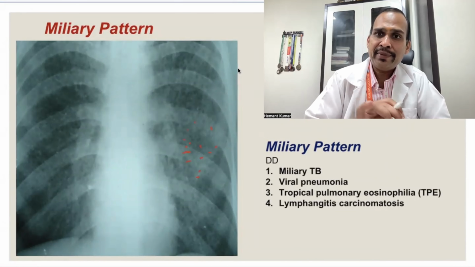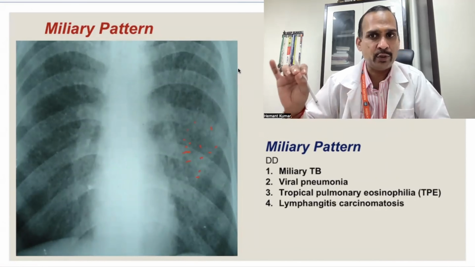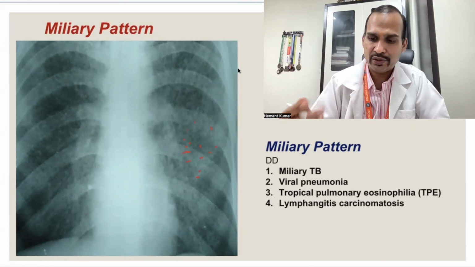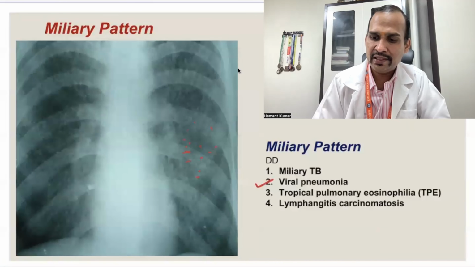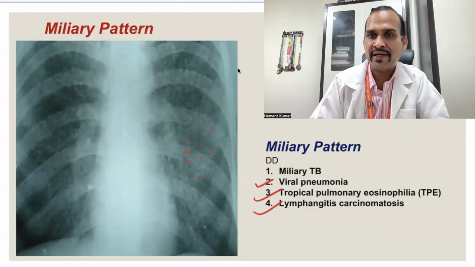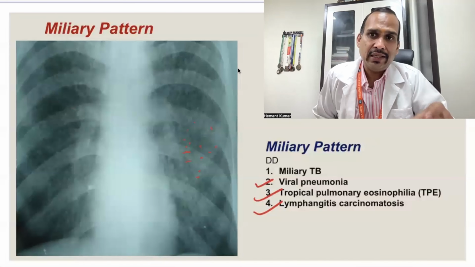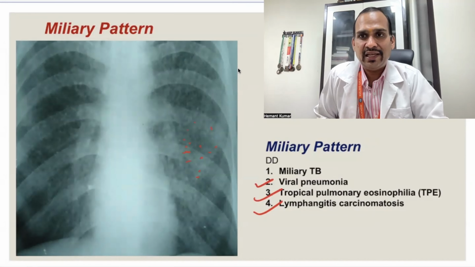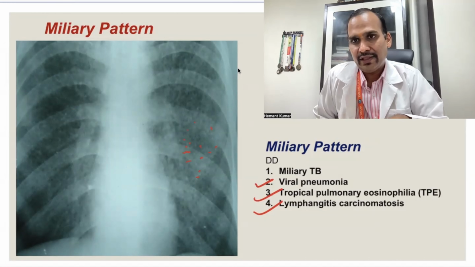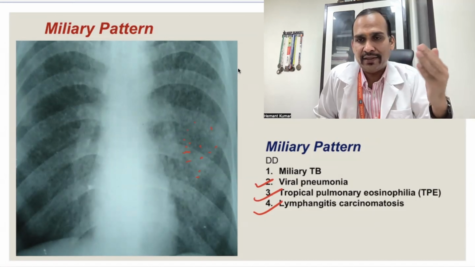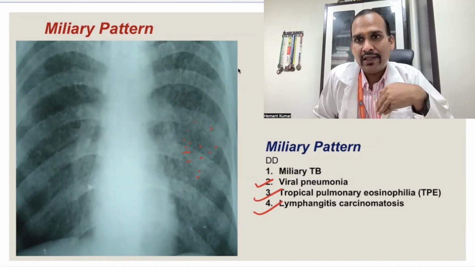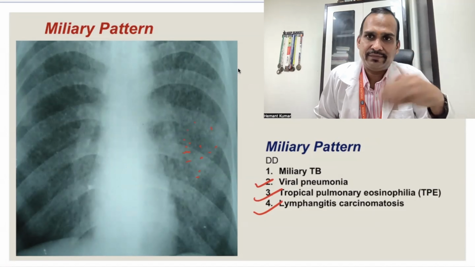Miliary does not always mean miliary tuberculosis. The differential diagnoses are viral pneumonia, tropical pulmonary eosinophilia, lymphangitic carcinomatosis. So diagnosis depends on history, clinical examination, and investigation. Whenever you find a miliary pattern, you have to see the differential diagnoses one by one.